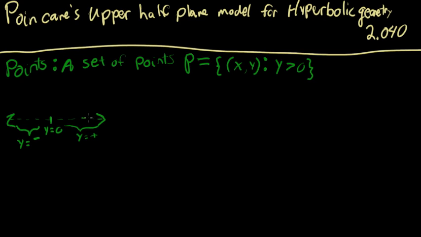So a set of points has to be anywhere, or these should all be x's, not y's. So a set of points is anywhere that it can be, as long as y is greater than 0. This will be y equals 0, so we cannot have a point where y equals 0. Y equals 0 is not a point. Well, it would be x equal n, y equals 0 is not a point.